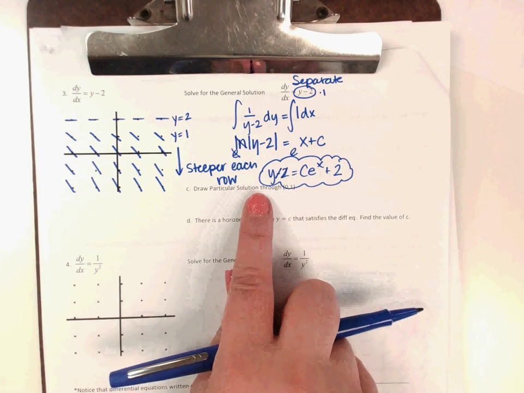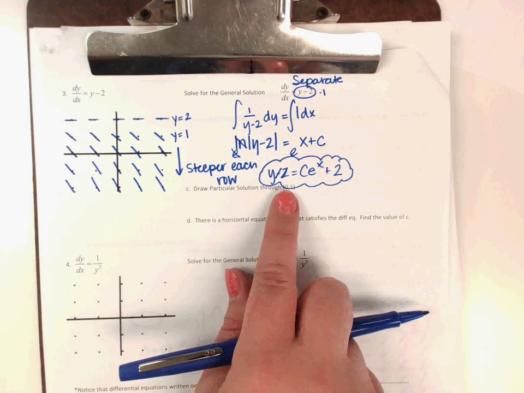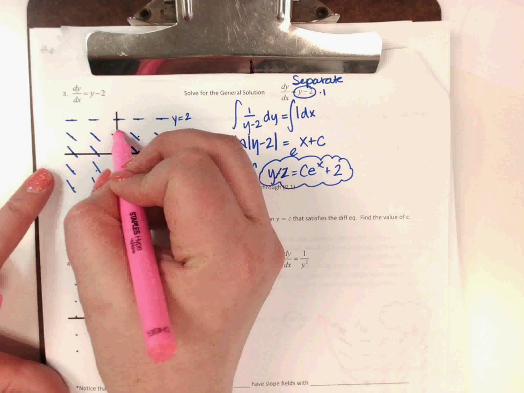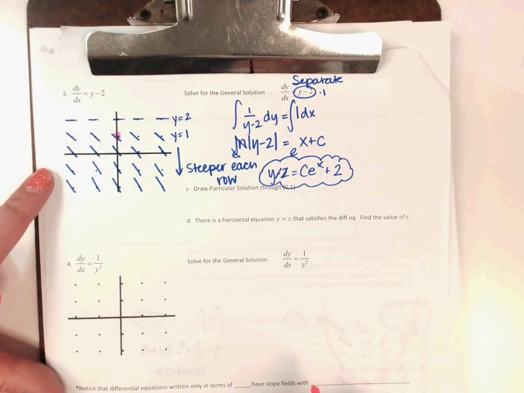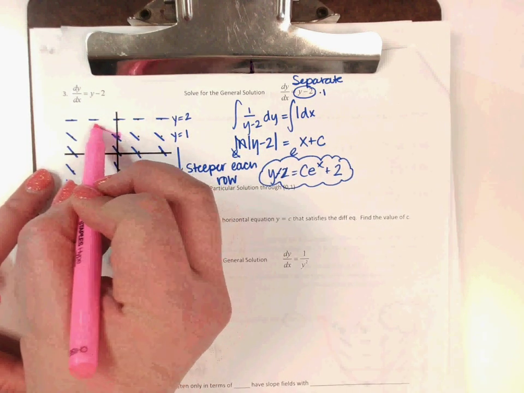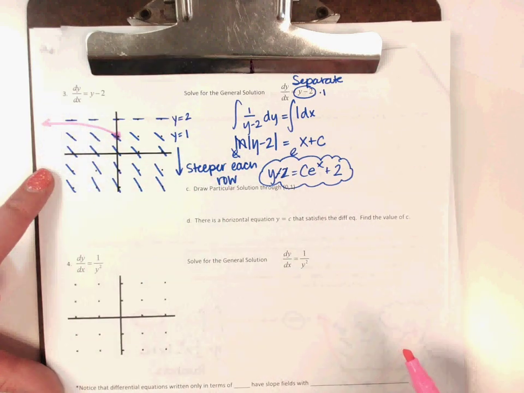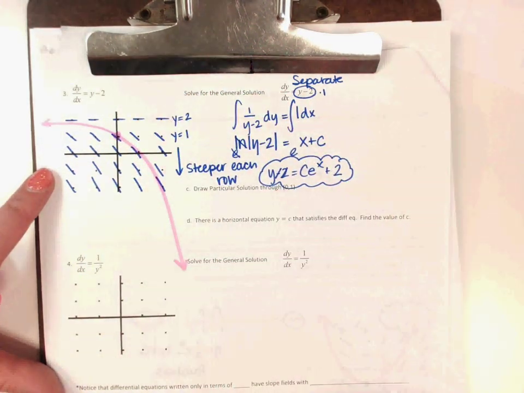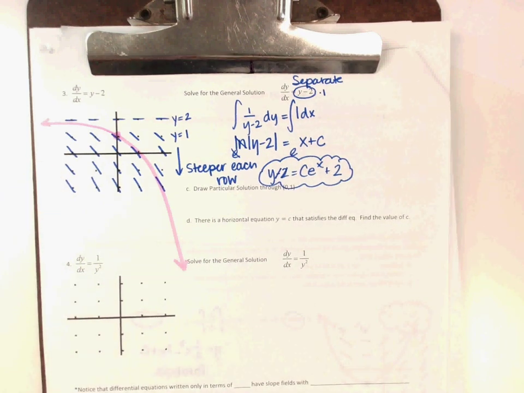Okay, now let's draw the particular solution through 0, 1. So 0, 1 is here. And then as I approach 2, my graph needs to get closer and closer to flat. And as I go this way, my graph is getting steeper and steeper. Now, think about what the e to the x graph usually looks like. Usually, e to the x is the exponential growth graph.